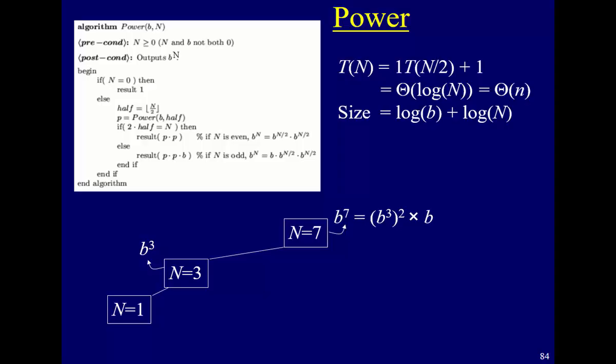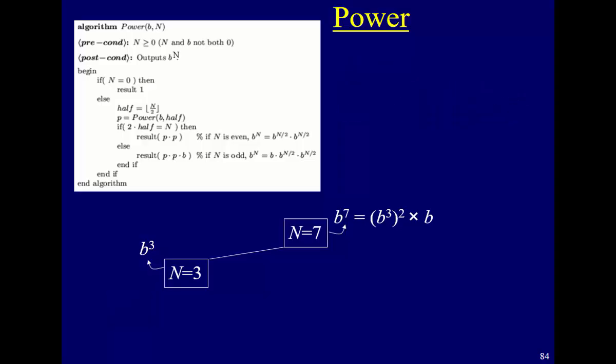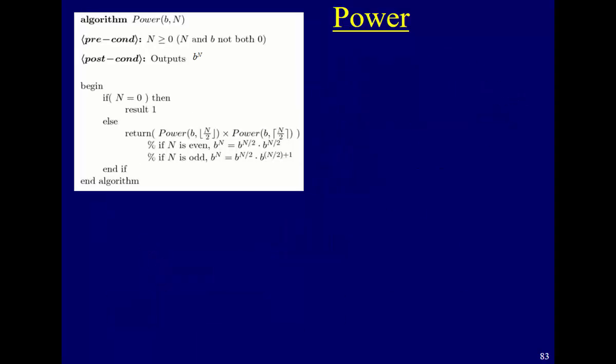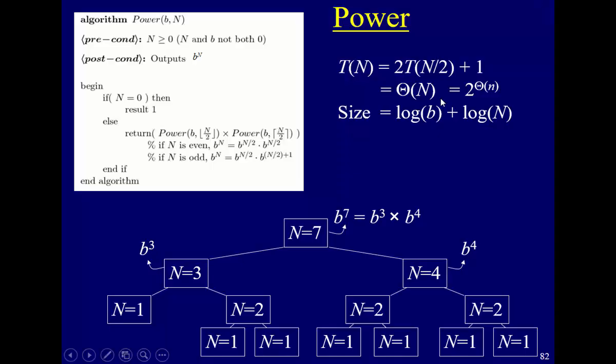If you get that wrong, I've seen that answer many, many times. But let's see the difference here. Here, the time is capital N, and little n is log capital N.